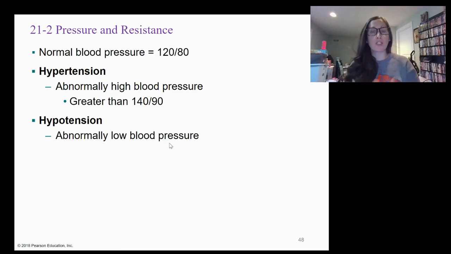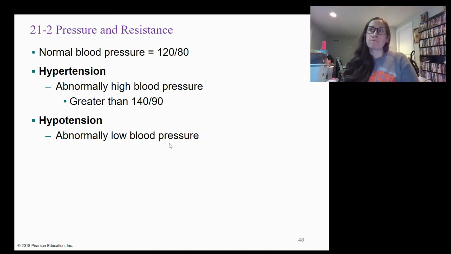And then obviously our two types of blood pressure abnormalities: hypertension, meaning we have high blood pressure, and that's when it's consistently above 140 over 90. So when you are doing some type of activity, or maybe you're undergoing some type of stressful situation, your blood pressure may go up, all right? But if it doesn't stay that high, you don't have hypertension.